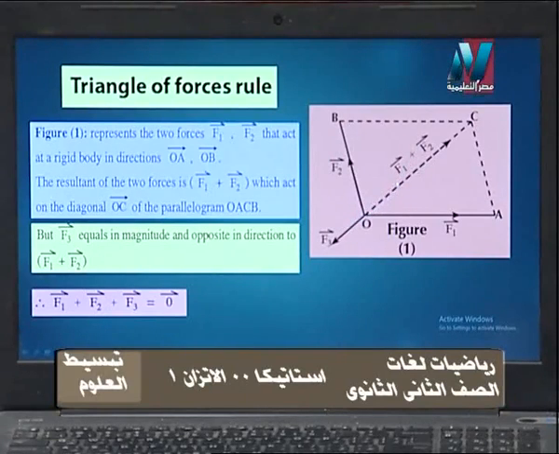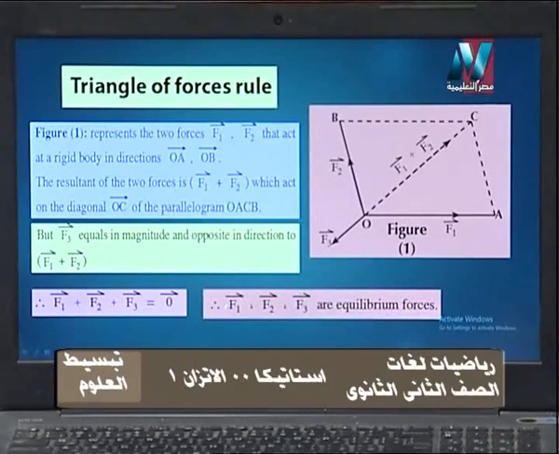And now they are only two forces, opposite in direction and equal in magnitude. Then their sum equals 0 because they are in equilibrium, and vice versa. If F1 plus F2 plus F3 equals the zero vector, then they will be in equilibrium.